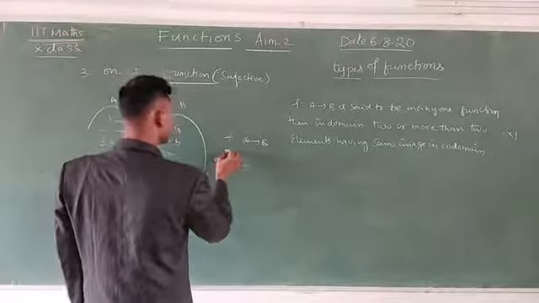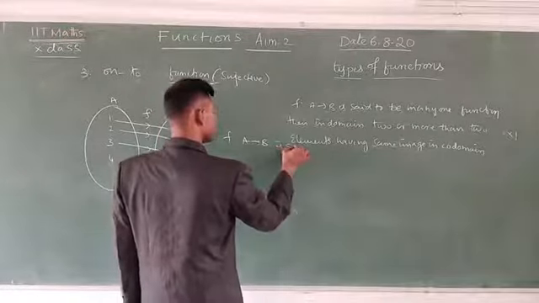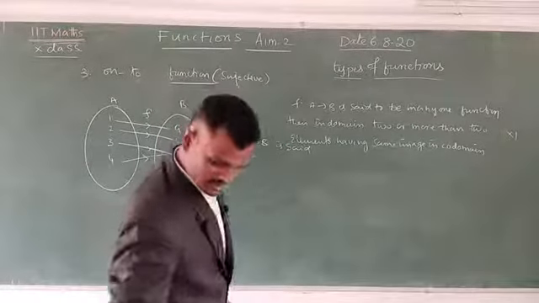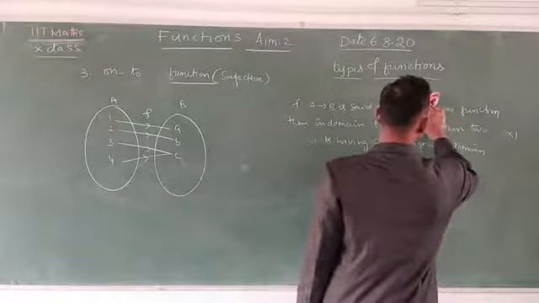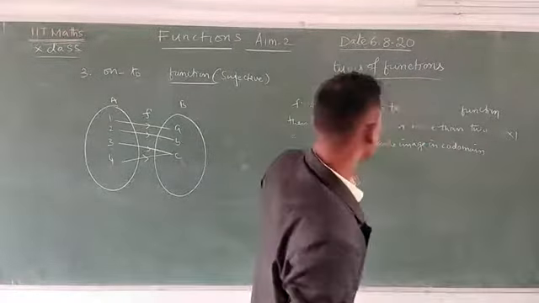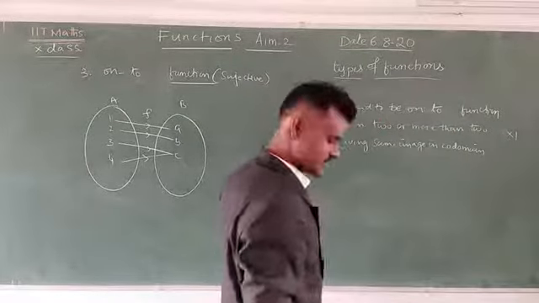See here, onto function. F is a mapping of A to B said to be onto function or surjective function.